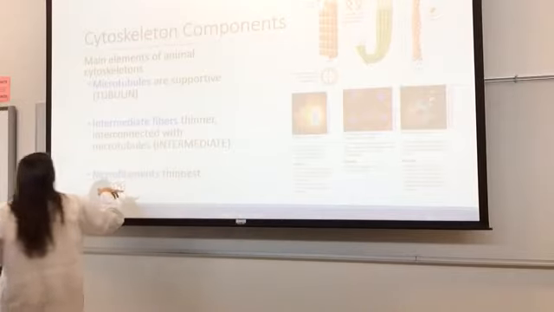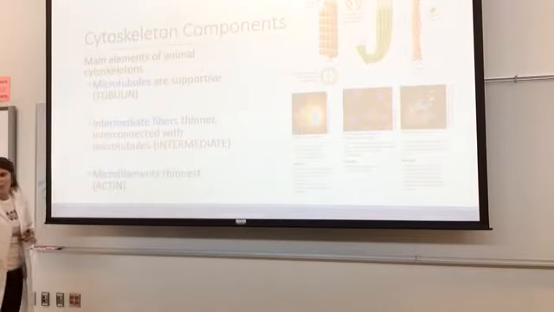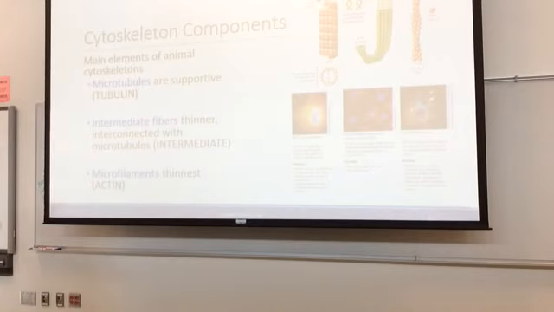So here are the three components. You and I are just going to focus on the large component, the microtubules. The next slide is going to talk about specifically what the microtubules, the largest component of the cytoskeleton, are responsible for.